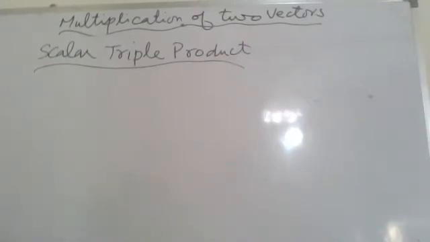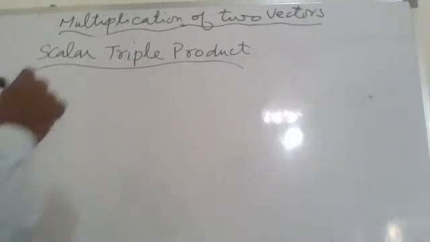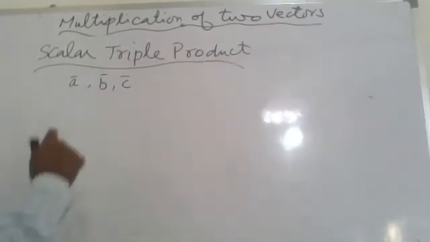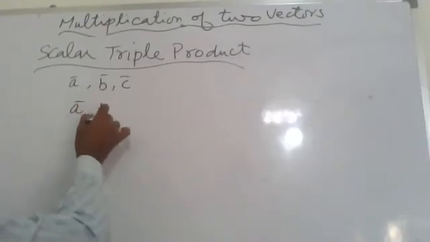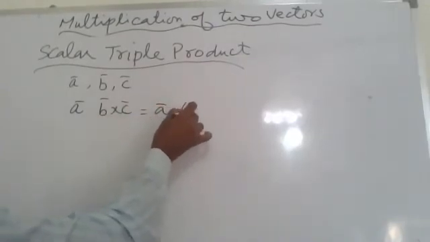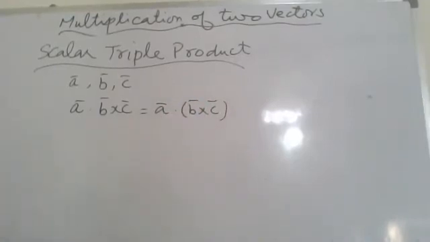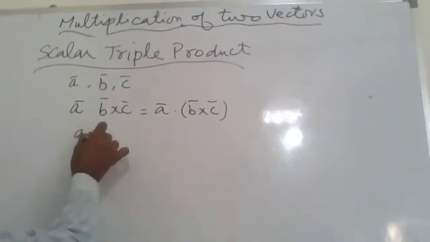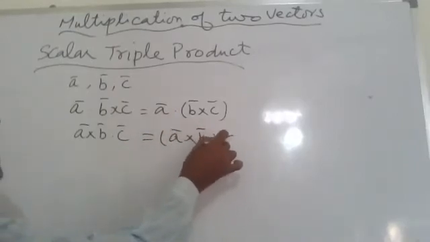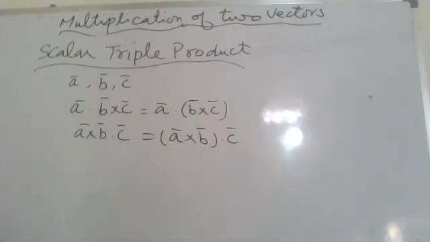Okay, scalar triple product. If we have three vectors A, B, and C, the scalar triple product will be equal to A dot B cross C. We can write it in this way, or we may write A cross B dot C. This is called the scalar triple product, because finally we get a scalar answer.